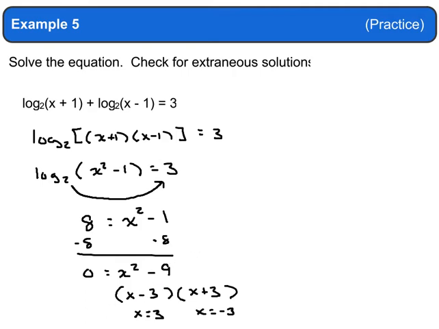After you check them for extraneous solutions, they did say check for extraneous solutions, it turns out that 3 is valid, negative 3 is not valid in that design.